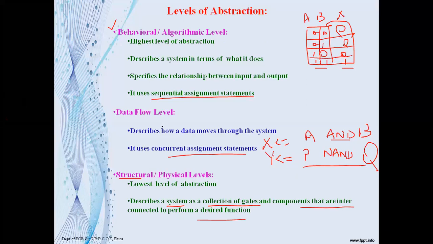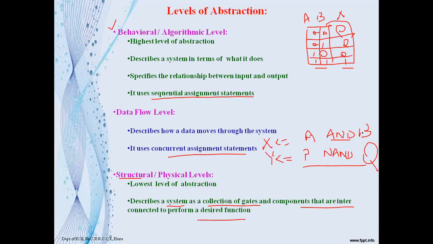And what about the data flow? In the data flow level of abstraction, instead of the truth table, we use the logic expression. In the VHDL packages, we have the AND functionality, so directly you can use AND as a keyword.